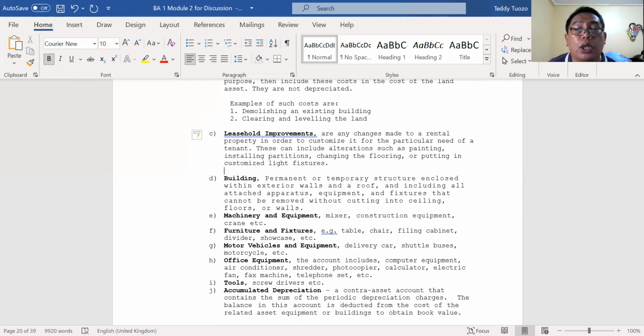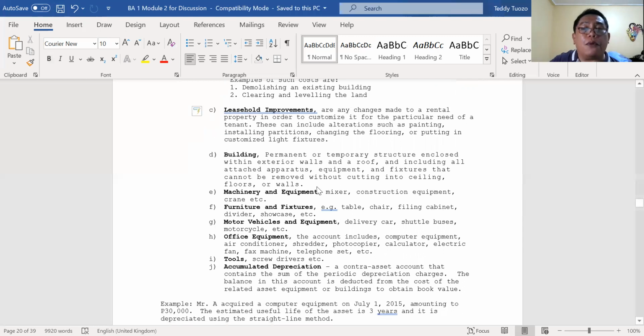But what is to be included will only be the leasehold improvements, our renovation. When we say leasehold improvements, the renovations or the alterations that you made to make the building suitable or customized to what you need, no? So these are charged to leasehold improvements.